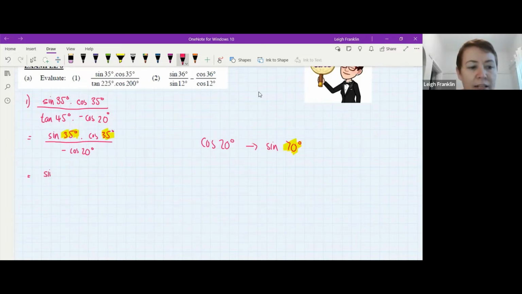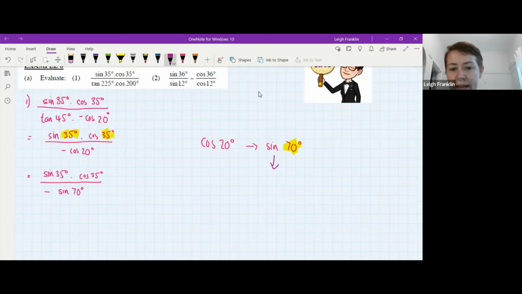So I'm going to rewrite the top, sine 35 cos 35. I'm going to rewrite the bottom, not forgetting my negative, as negative sine 70. And then I'm going to use my sine double angle formula. So in other words, here I'm going to write this as 2 sine 35 cos 35.